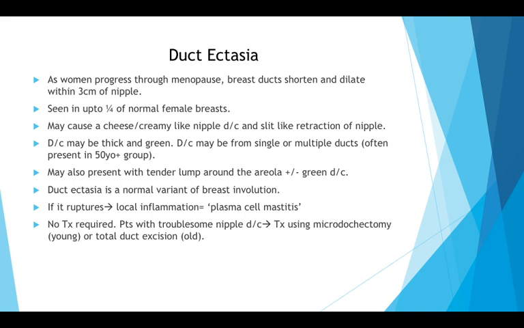If the duct ectasia were to rupture, in some patients it can cause plasma cell mastitis, which is basically just inflammation. No treatment is required, it's conservative. However, if the patient is troubled with excessive nipple discharge, you can treat them by removing the duct, in both young and old patients.